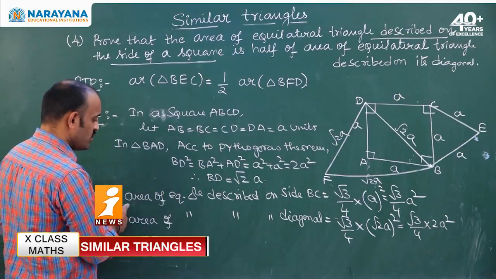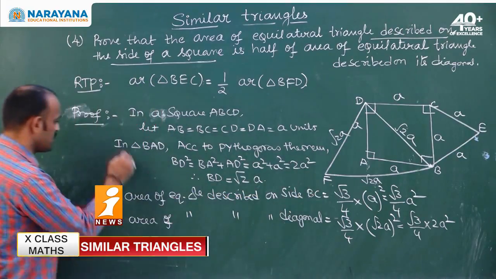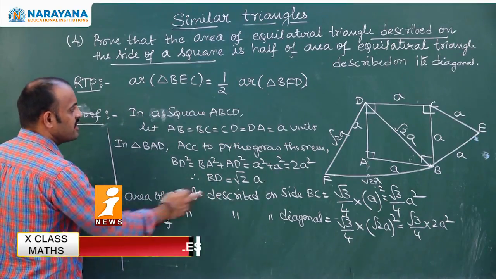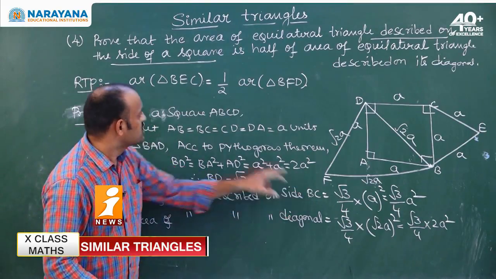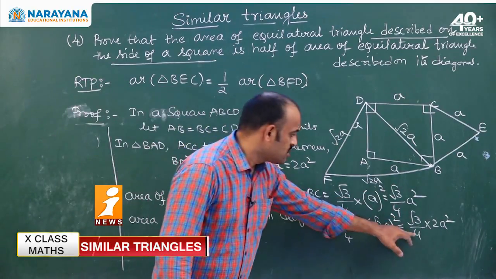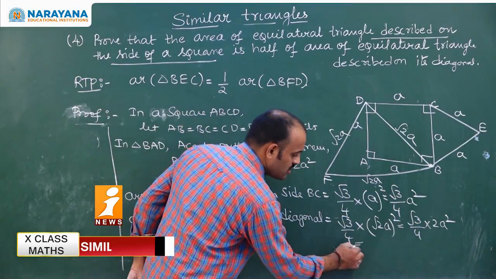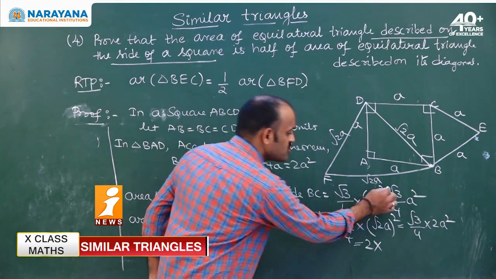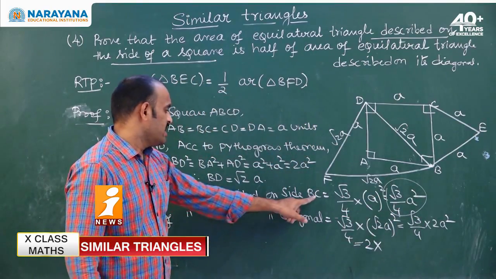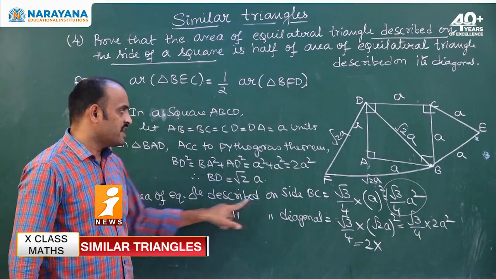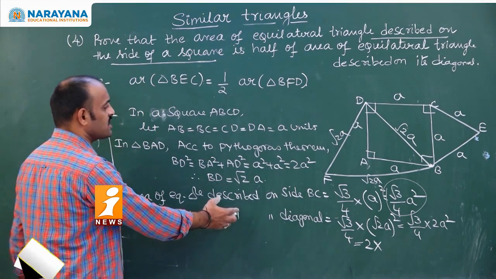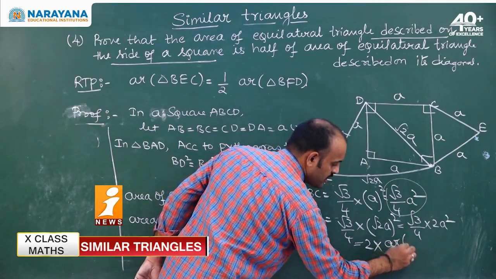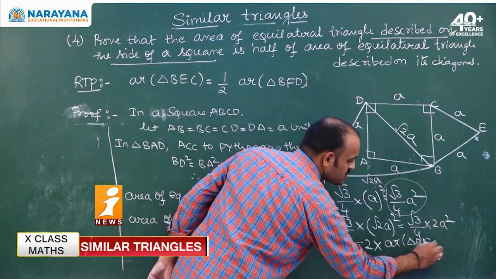Now, what is the area of the equilateral triangle described on the side BC? If you observe both, if I take 2 common here, 2 into root 3 by 4 A square. But what is root 3 by 4 A square? Area of triangle described on the side BC, area of triangle BEC.